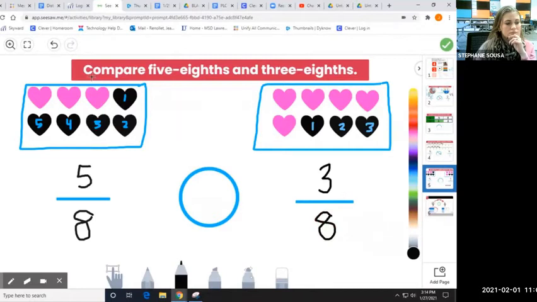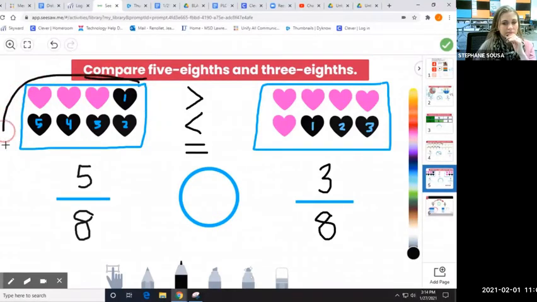Now we can compare using greater than, less than, or equal to. Look again at our models. Which model shows more unit fractions or more parts shaded black? That's right. I notice that the left model has more hearts that have been counted. So, how do I know?